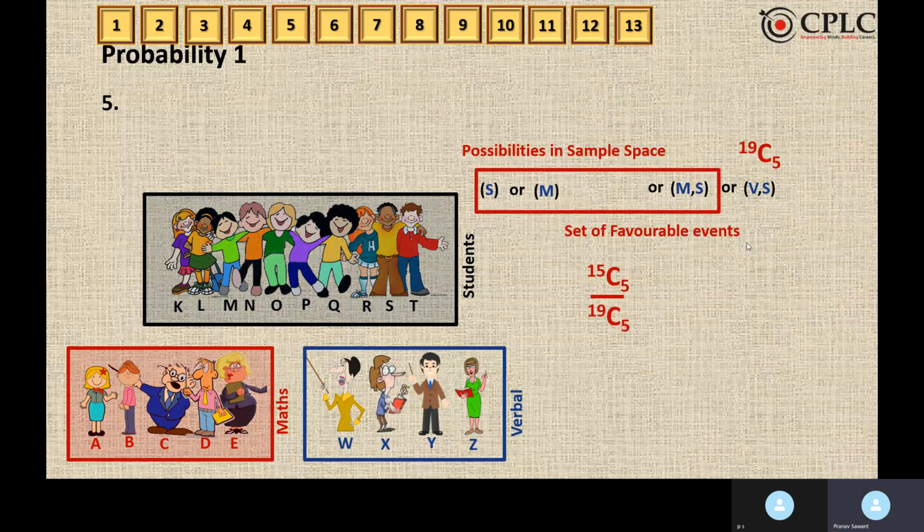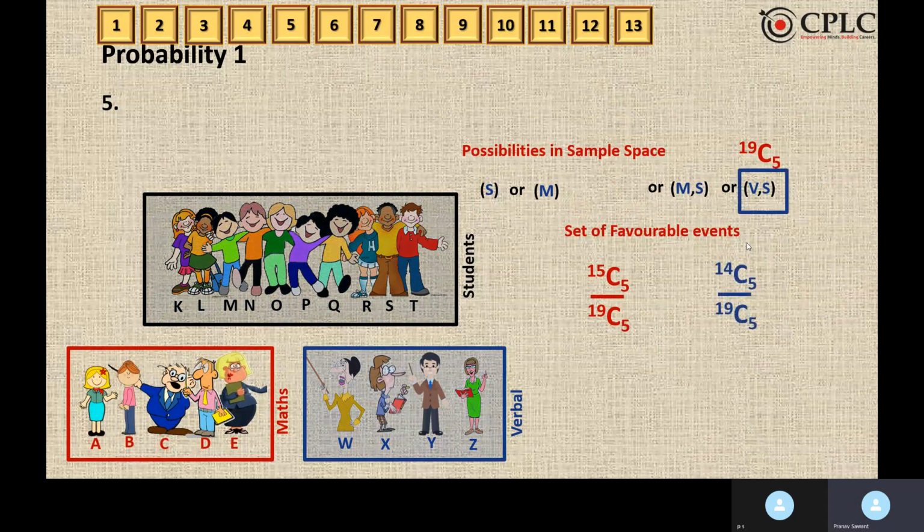So the set of favorable events for math would be 15C5, because out of 15 members we are selecting 5, upon 19C5. Verbal students would be 14C5 upon 19C5. As it's an "or", we will do plus, but we need to deselect the student part once, because if you observe, the student part is counted twice.